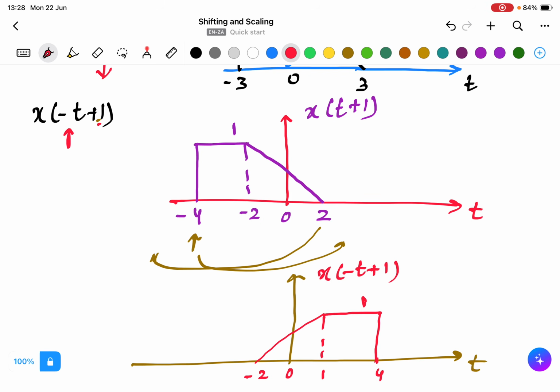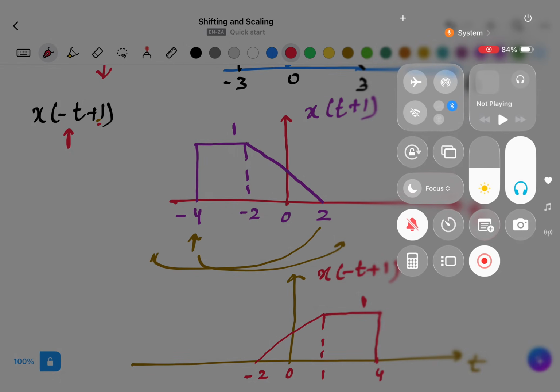So remember, when there is a minus sign multiplied with time, if it's only one signal which you have to plot like x of minus t, then you can just do it directly. Otherwise, if there is a shifting factor also, you will do shifting first and then you will do scaling. So this is all with respect to this. Then we will take more examples.